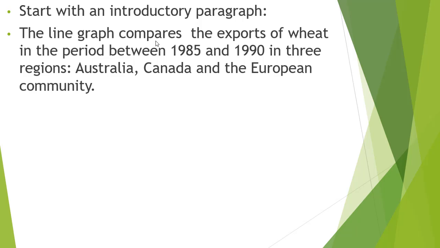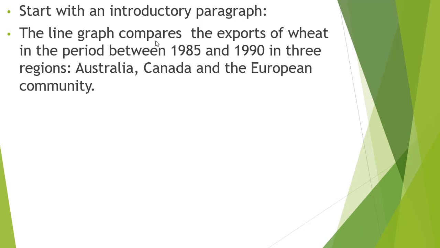The line graph compares the exports of wheat in the period between 1985 and 1990 in 3 regions, Australia, Canada, and the European Community. What's this? Again, if you remember what we said, how to write an introduction, we said you have to start with a thesis. Now, this is the thesis, what the whole task is about.